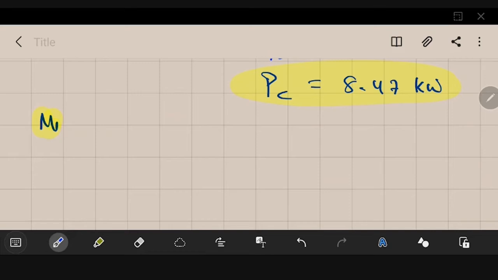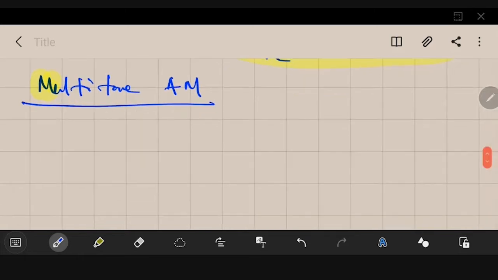We have already discussed single tone, and now multi-tone amplitude modulation. So we will be discussing here the multitone AM, and we will also be finding out the power in multiple tone amplitude modulation.